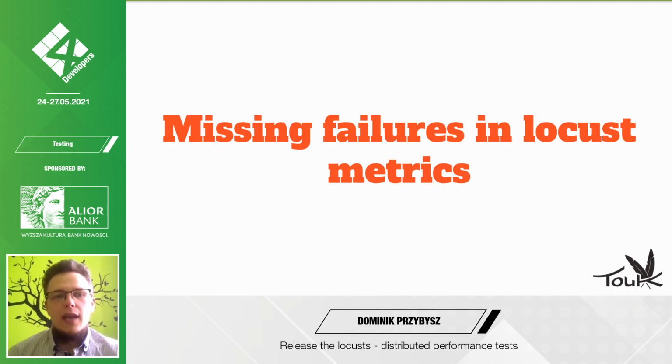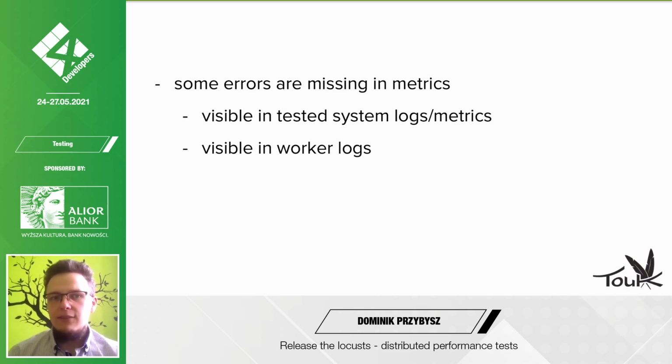Another problem that we had is missing failures in Locust metrics. We knew that something bad happened during our test. For example, we had seen some errors in our tested system logs, also in metrics of our tested system, and in some logs of our workers. But on the master side, in metrics gathered by master, we hadn't seen failures.